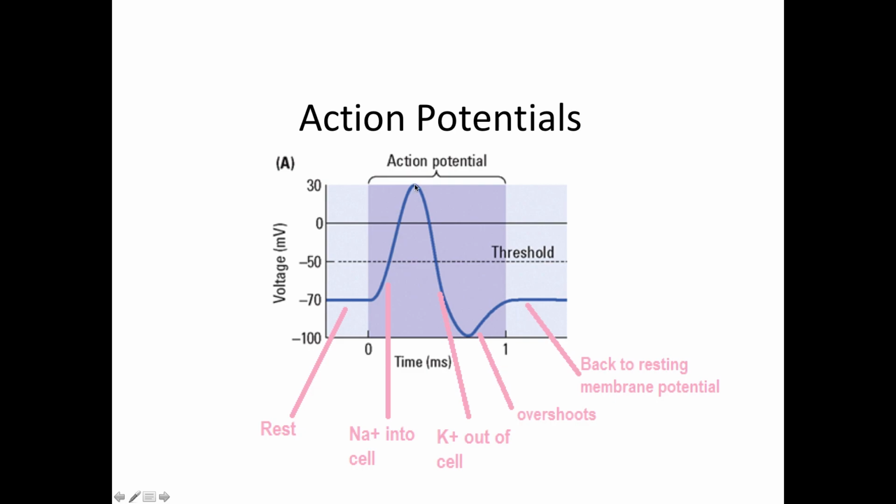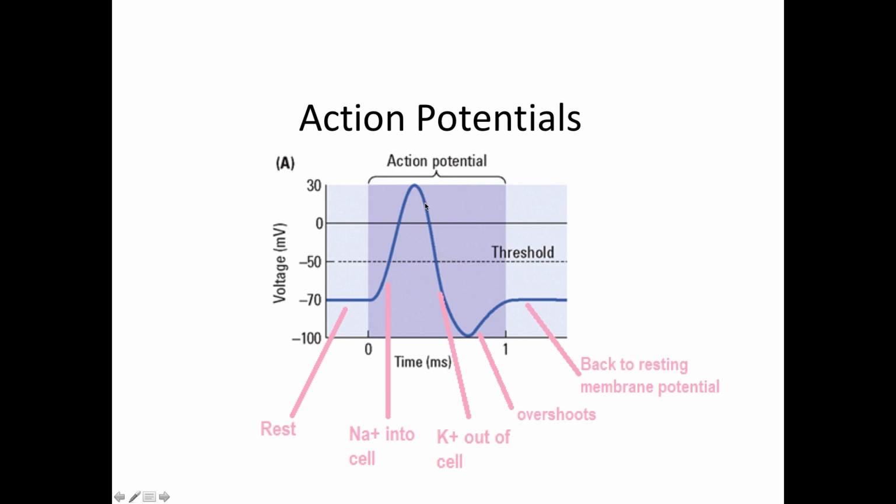So here, the sodium channels will close, there's no more sodium going into the cell, and this is where potassium will start going out of the cell. Potassium is positive and it's going outside of the cell, which means that it is going down, down, down. Since right now we're at positive 30 millivolts, potassium going outside of the cell will make it more negative.